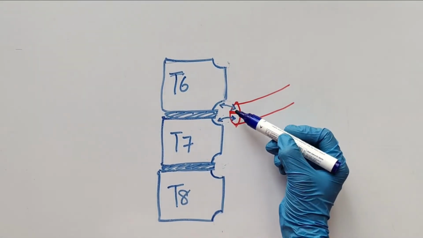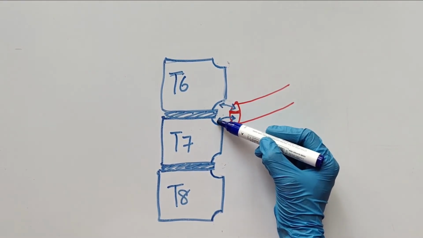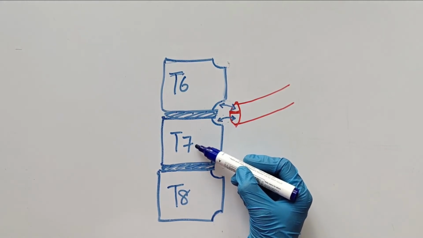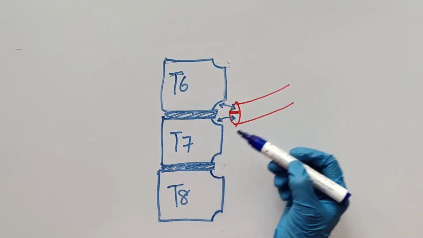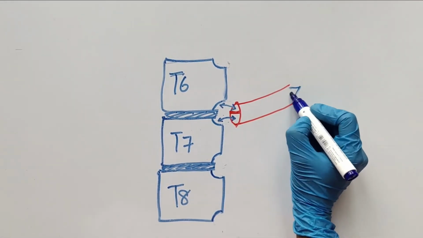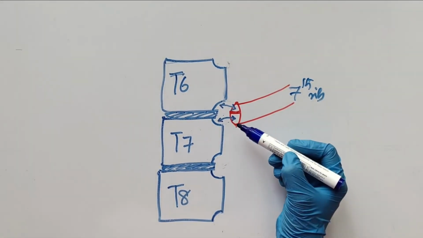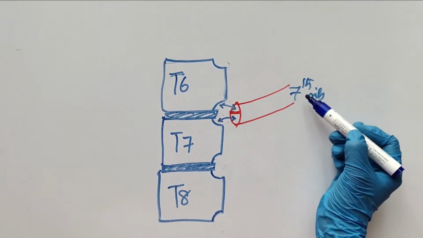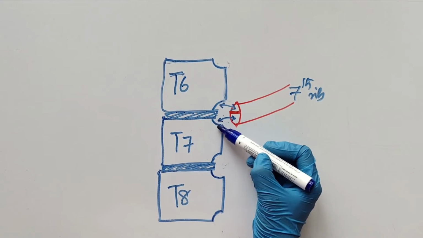Now the lower larger facet articulates with the superior costal facet of the numerically corresponding vertebra. Okay, so numerically corresponding vertebra means this rib is the seventh rib.